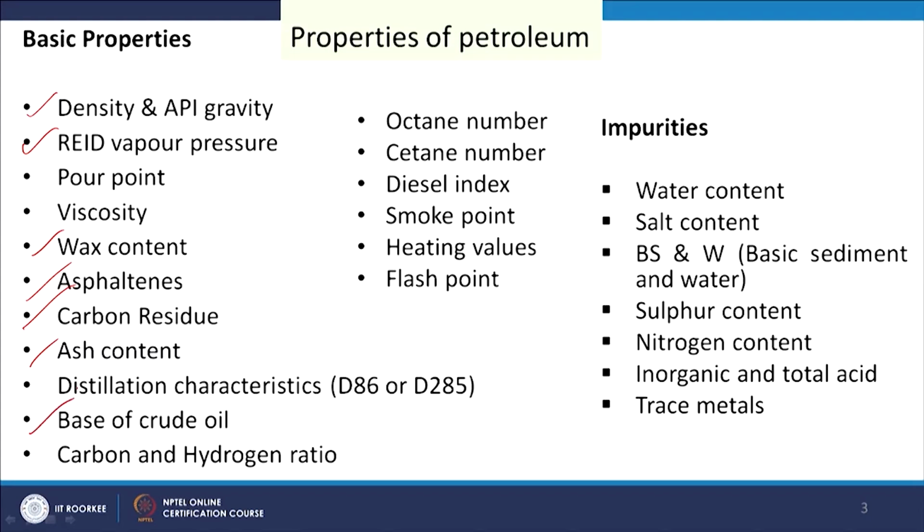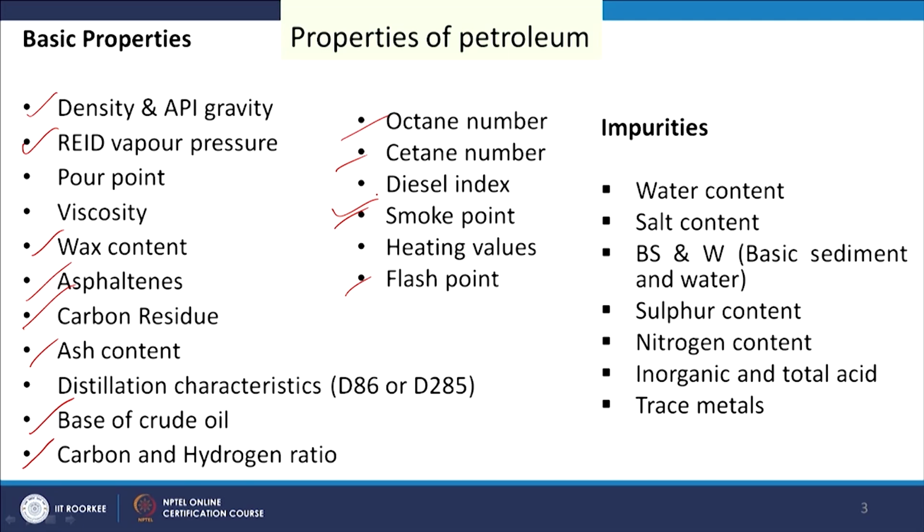or particular sample. Then we have the base of crude oil, which is also an important parameter, and then the carbon and hydrogen ratio, and octane number, cetane number, diesel index, smoke point and flash point, which are also related to the application of some petroleum products. For example, smoke point is used for kerosene, octane number is used for gasoline and cetane number is used for diesel.